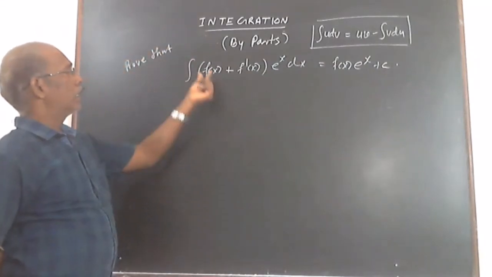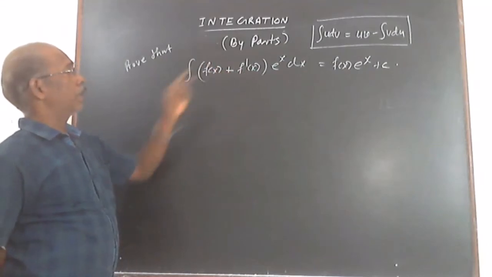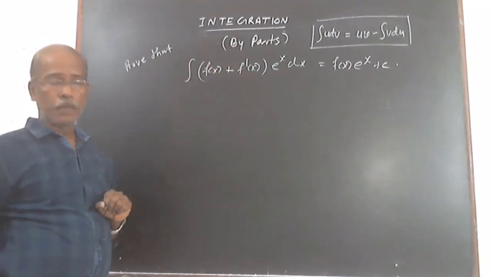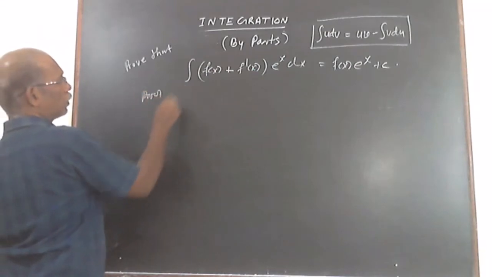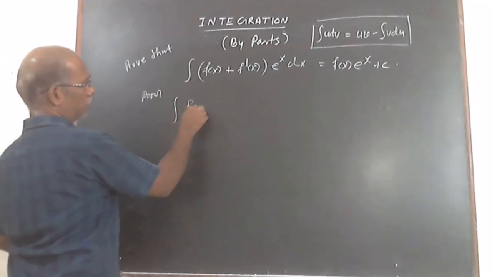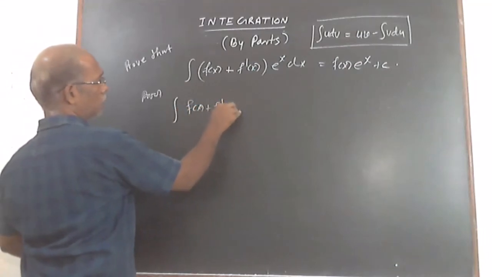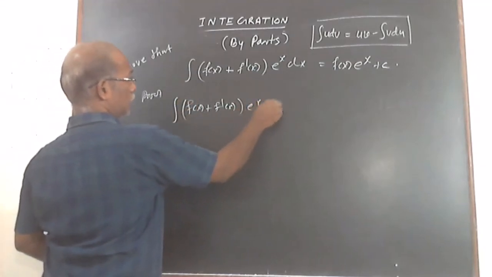We are going to write the first part alone, leaving the differentiation, that is the differential of f of x, with the help of by parts. How to get the result? Proof. Let us start with LHS: integral of f of x plus f dash of x in the e power x dx.